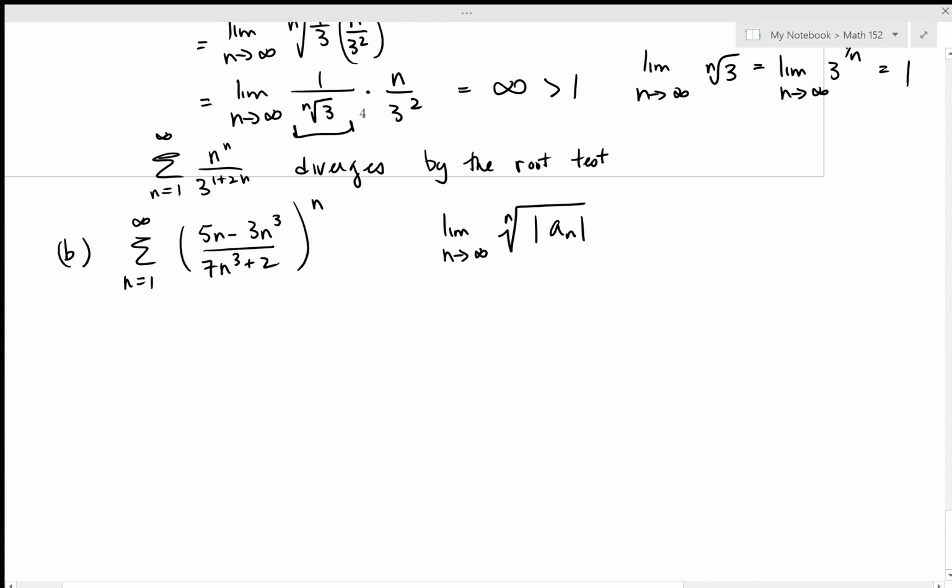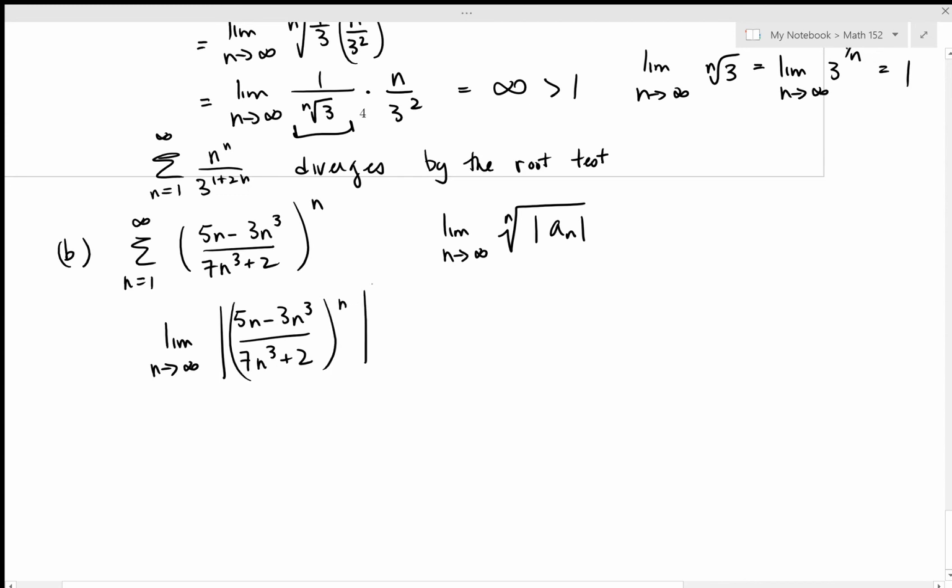So in this case, for this series, it's going to be the limit as n goes to infinity of the absolute value of (5n minus 3n cubed over 7n cubed plus 2) to the n.